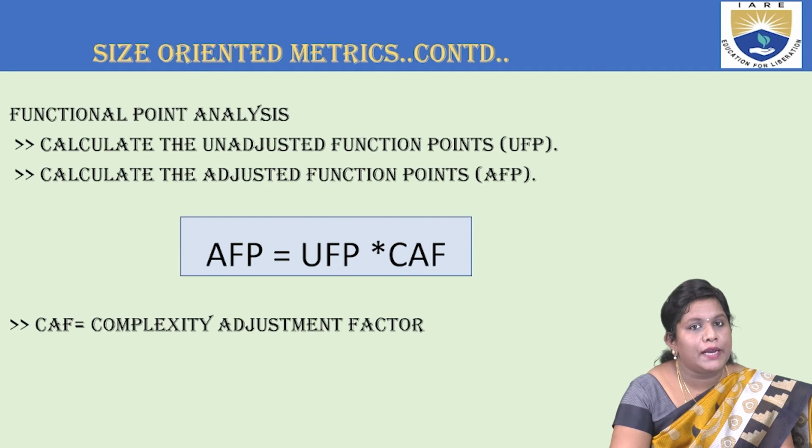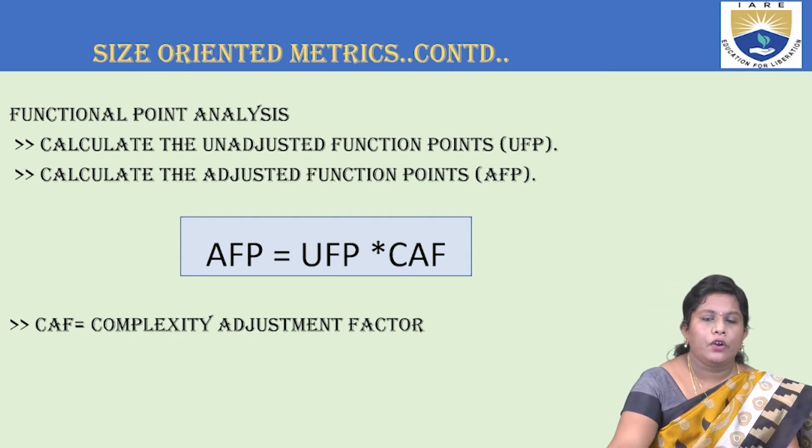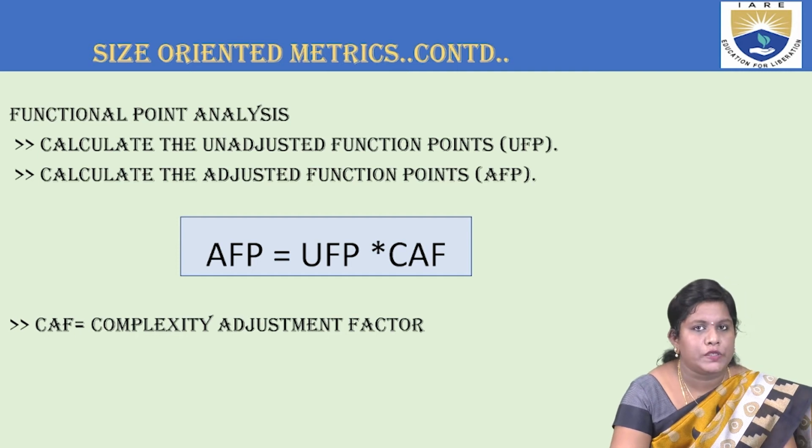There is a formula being shown there: the product of the unadjusted functional points and the CAF, that is the complexity adjustment factor, will give us the adjusted functional points. So to know all this, we need to know the procedure of how to calculate by assuming some values which are predefined or can be defined by the user.